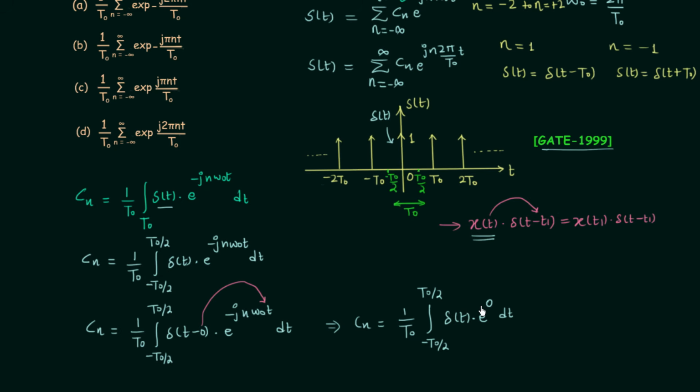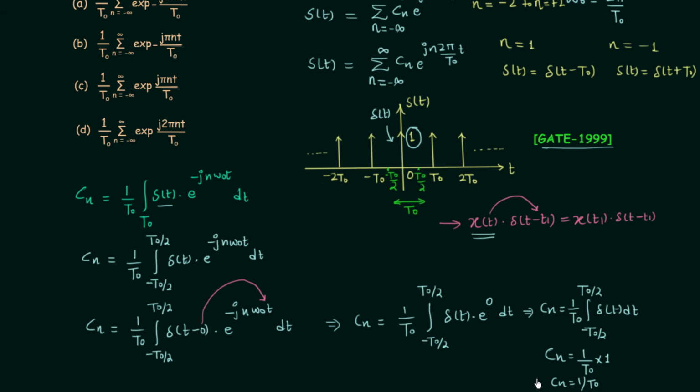E raised to power 0 is 1, so finally we are having Cn equal to 1 divided by t0 integration minus t0 by 2 to t0 by 2 integration of delta t, and we know integration of delta t from minus t0 by 2 to t0 by 2 is going to be 1, because area is equal to 1. So Cn is equal to 1 divided by t0 multiplied to 1, or we can say Cn is equal to 1 divided by t0. And as we have calculated Cn, our 99% task is over.